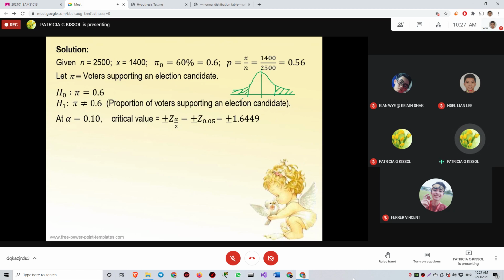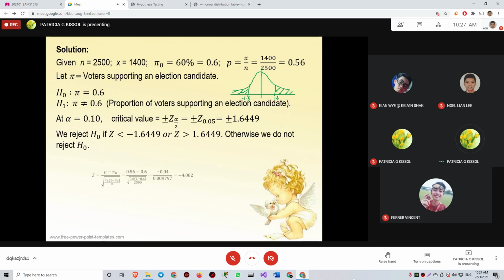So this is negative 1.6, and here would be positive 1.6. The shaded region is the one that we reject. Same thing, class: we reject if the value is less than negative 1.6 or more than 1.6. Otherwise, we do not reject.